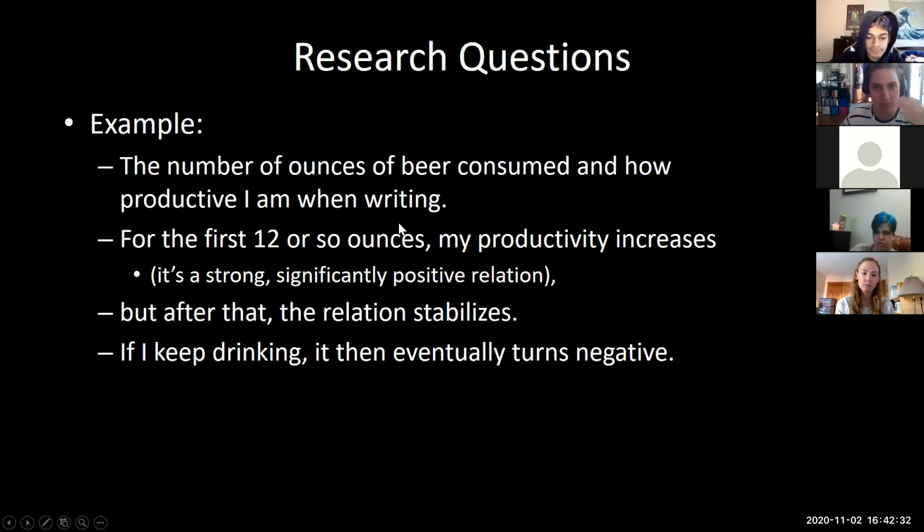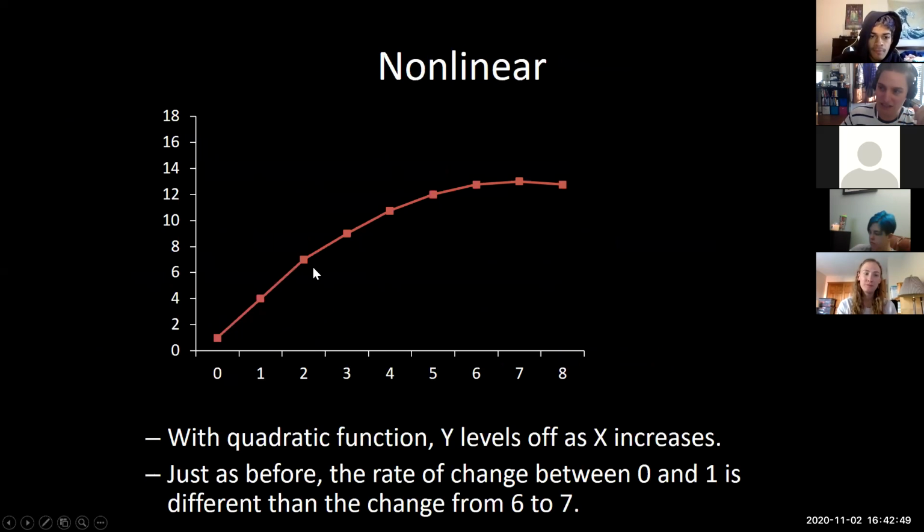It's a strong, positive relationship. Eventually, that acceleration slows down and stabilizes. And if I were to continue to drink beer, it would turn negative. If you keep going up this way, it's like, oh, I'm writing so fast. I'm doing so good. This is not helping. And then eventually it's really not helping. And then I would keep going and it would come all the way down here. It would be really bad.